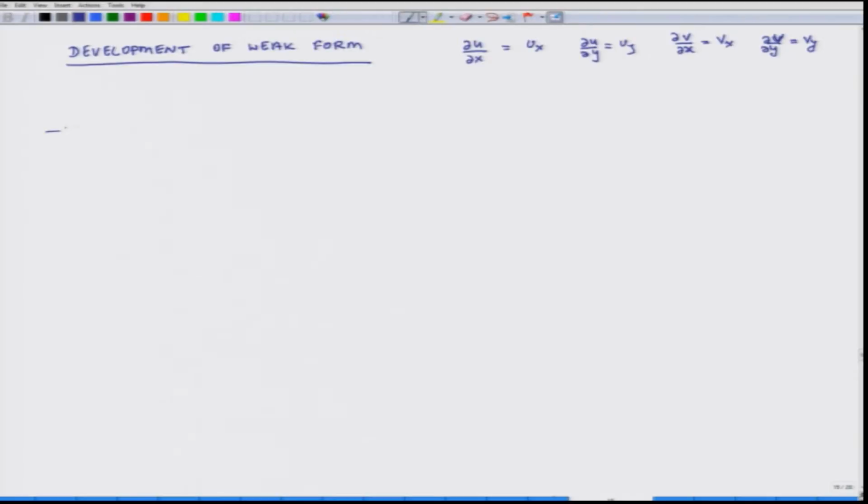So, the first equation is minus del over del x of C11 ux plus C12 vy, minus del over del y of C66 times uy plus vx, is equal to Fx minus rho u dot dot.